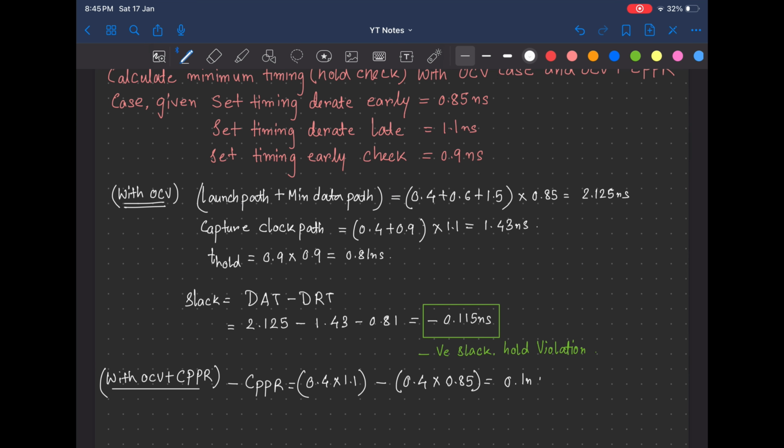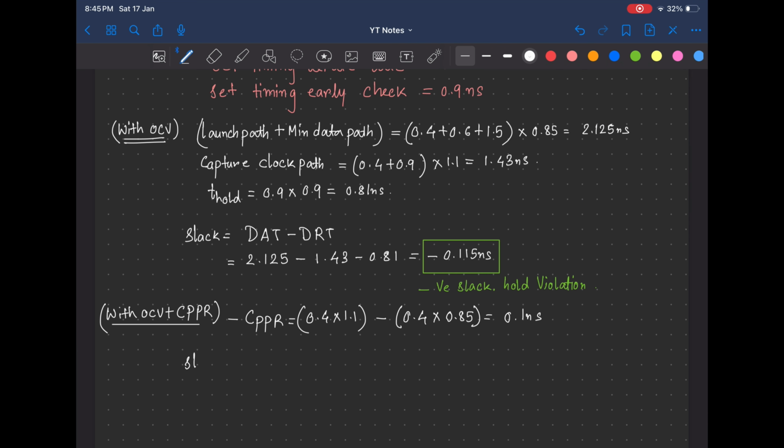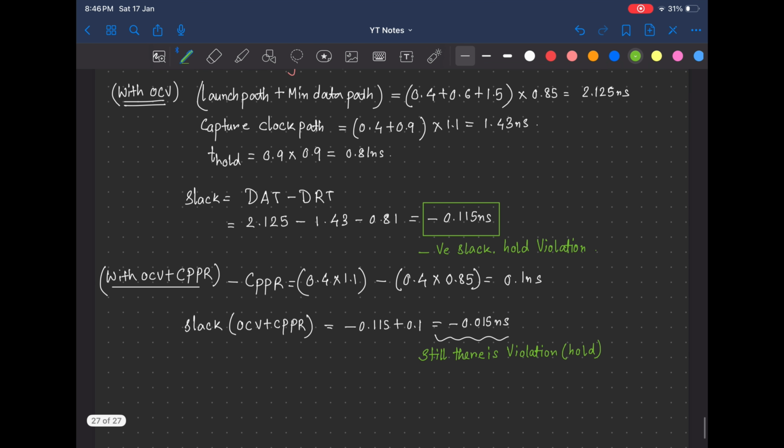How much is it coming to? So now the slack with OCV plus CPPR is minus 0.115 plus 0.1, which is still a minus number, but very small. So there is still a hold violation. It can be fixed with buffer insertion, which we can easily do.